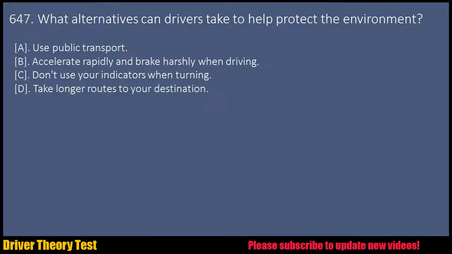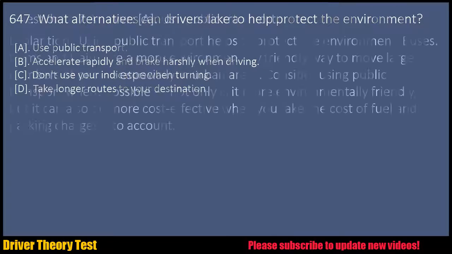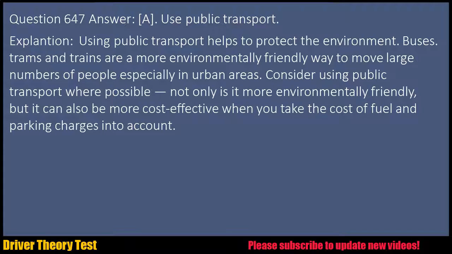Question 647. What alternatives can drivers take to help protect the environment? A. Use public transport. B. Accelerate rapidly and brake harshly when driving. C. Don't use your indicators when turning. D. Take longer routes to your destination. Question 647.